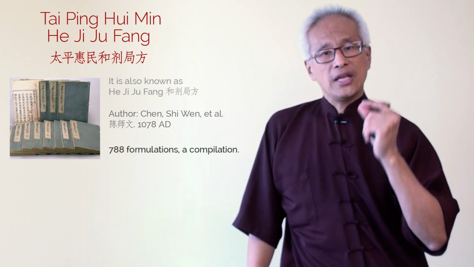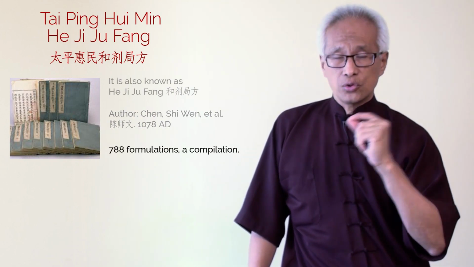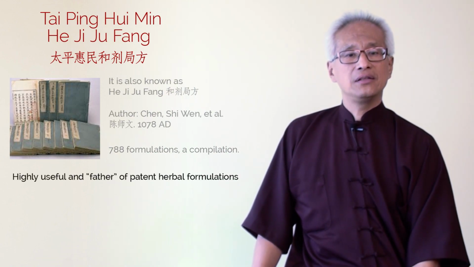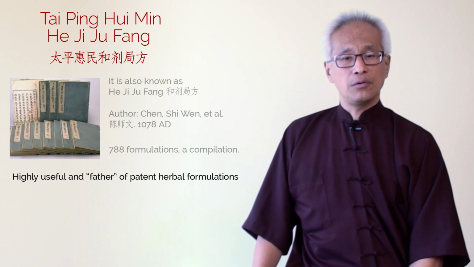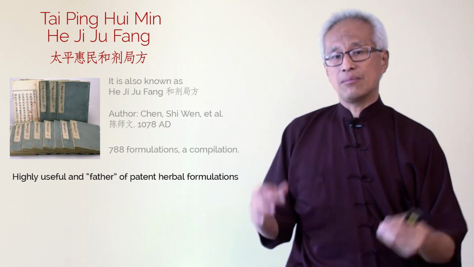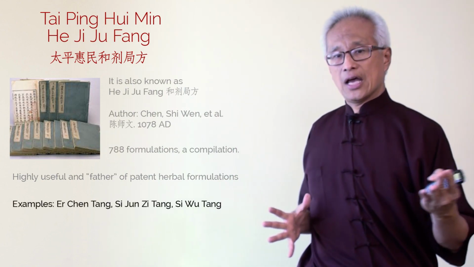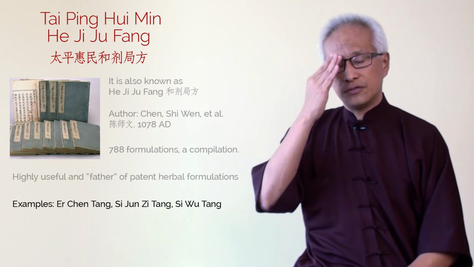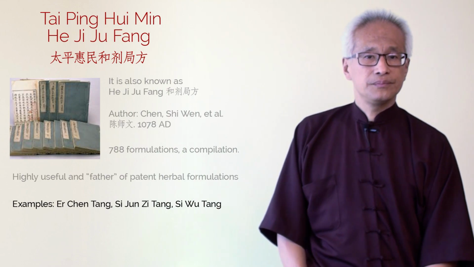There are 788 formulations, a compilation that is highly used and the father of pan herbal formulas. Examples include Chen Tang, Si Jun Zi Tang, and Si Wu Tang, combinations of different herbs put together.